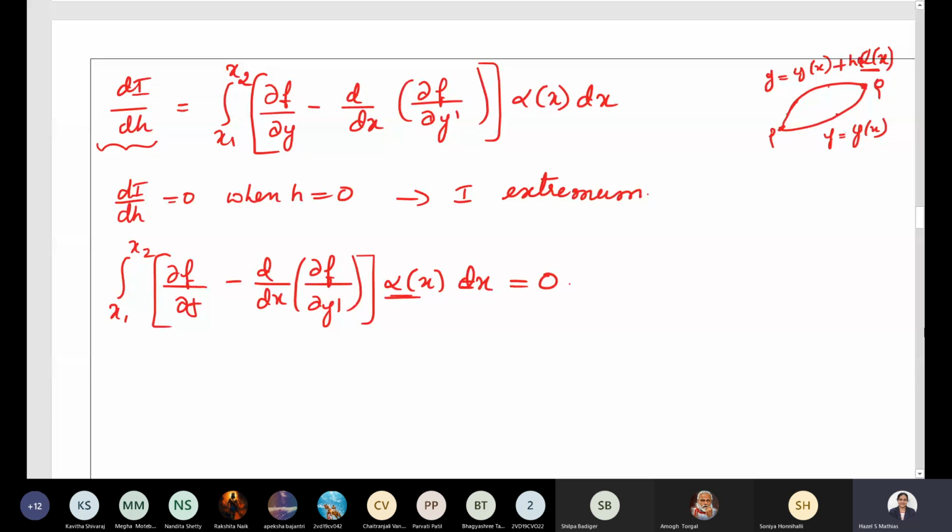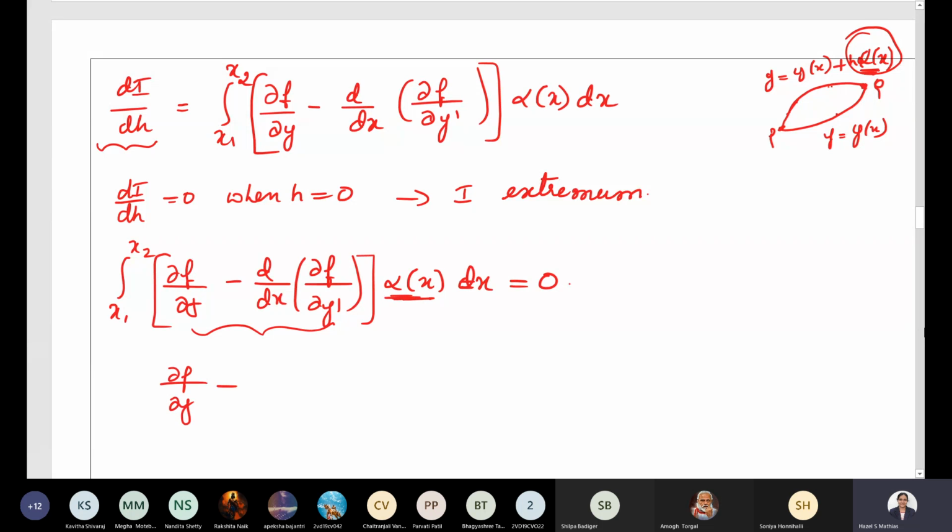We will have different values for alpha. It is completely varying on this curve. As this alpha of x is varying, what is remaining is only this term.